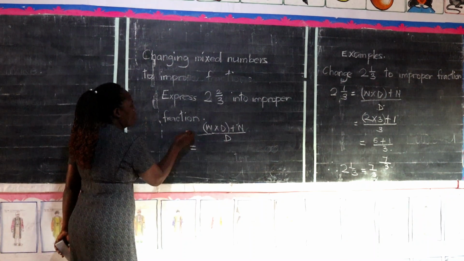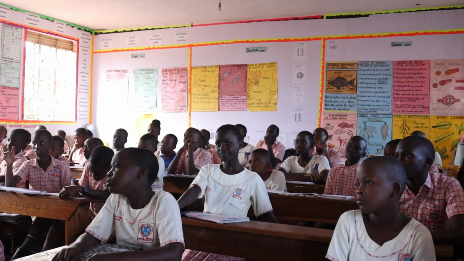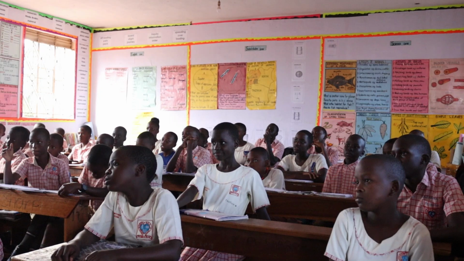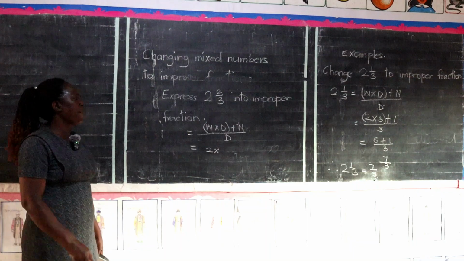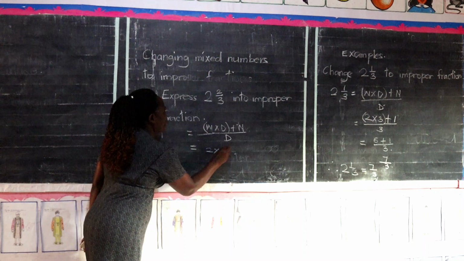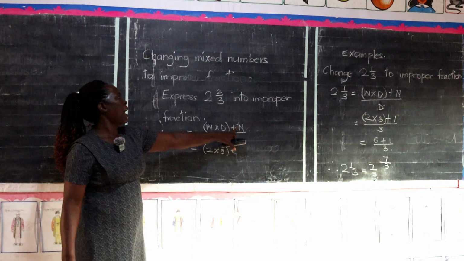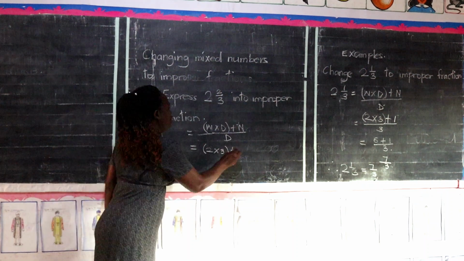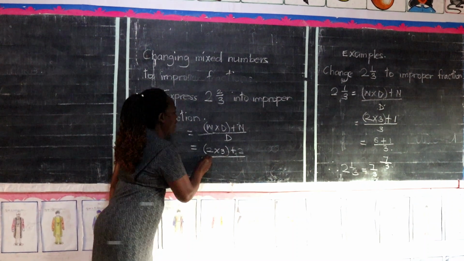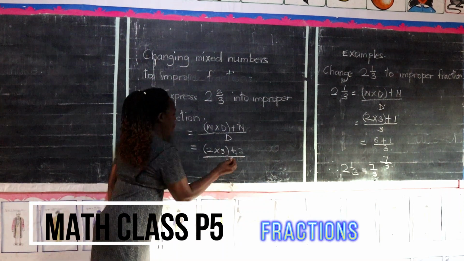Now we continue working out. Where there is W, we put 2. 2 times, where there is D, we put 3 into bracket plus the numerator, which is 2. The whole thing out of D, the denominator, which is 3.